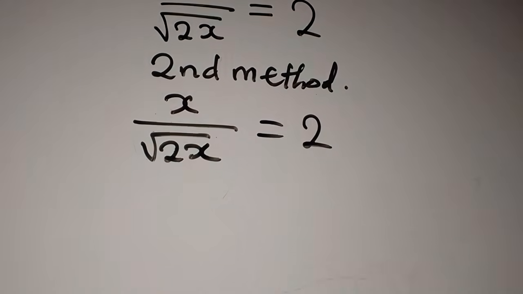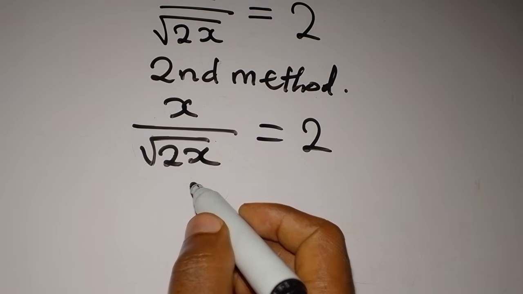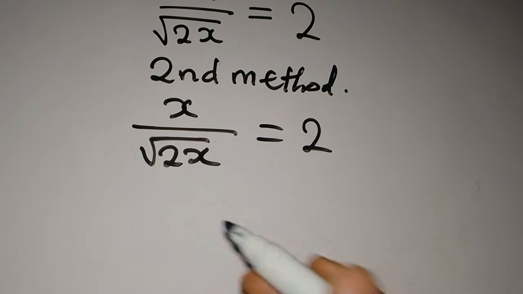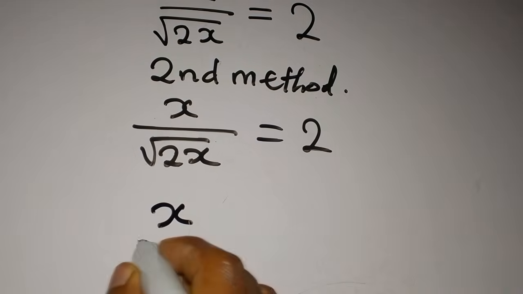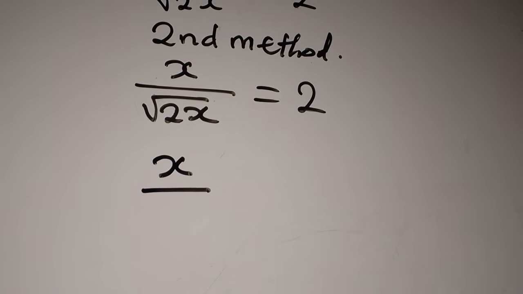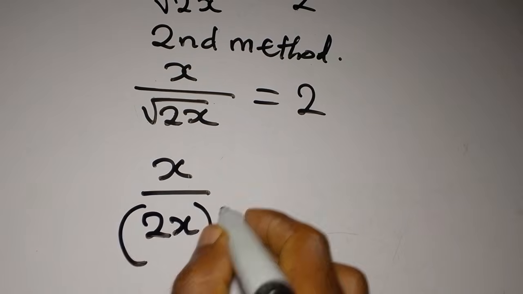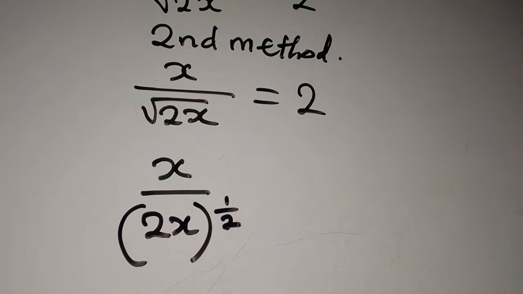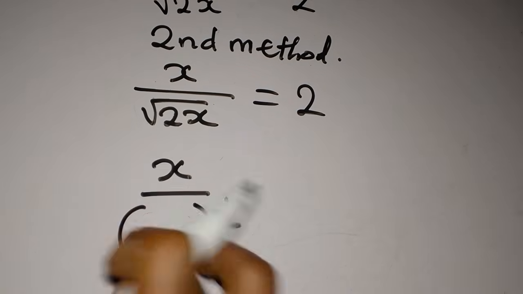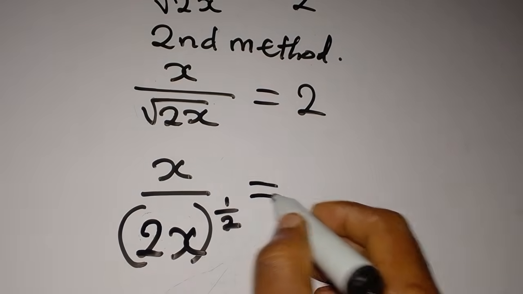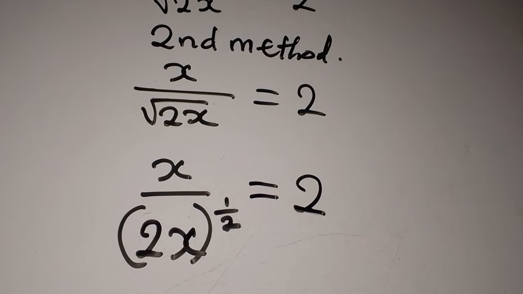So what do we do? From the second method, let's work on the left hand side. I hope you know that this can be written as x over 2x raised to power 1 over 2. Everything is equal to 2.